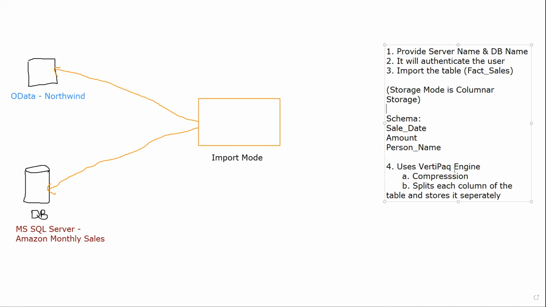It uses the VertiPaq engine to do the compression and split each column of the table and store it separately. What actually happens in compression is, let's say you have 10 GB of data to pull, based on the data type and the cardinality, the number of unique values you have, it will be able to compress the data and show you only about 1 GB.